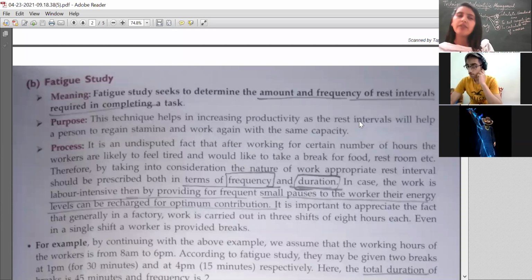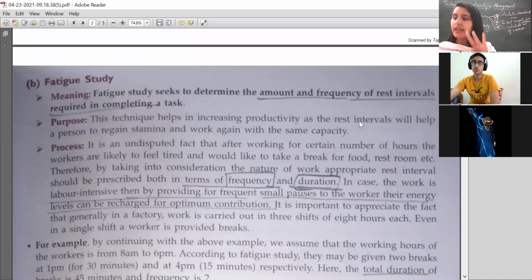So what is required? We need to give him a rest. So in fatigue study we will study about 2-3 things. Number one, for how long a person is able to do work. Number two, after how much time he needs rest. The rest should be of how much duration. And then during one day, how many times he needs rest.